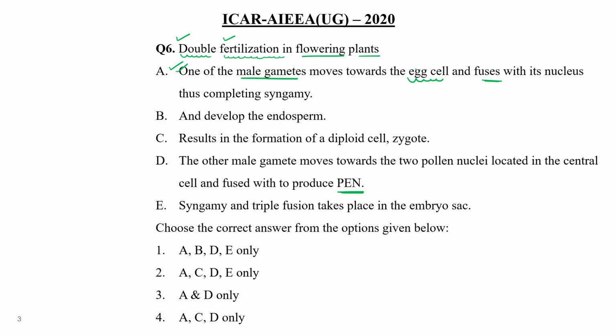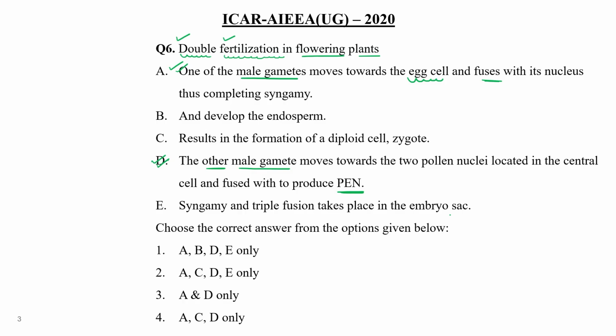One moves towards the egg cell and fuses with it, and the other male gamete moves towards the two polar nuclei present in the central cell and fuses to produce PEN. So these two statements are true, showing the meaning of double fertilization. The formation of diploid zygote, development of endosperm after syngamy, and syngamy and triple fusion taking place in the embryo sac are the wrong statements.